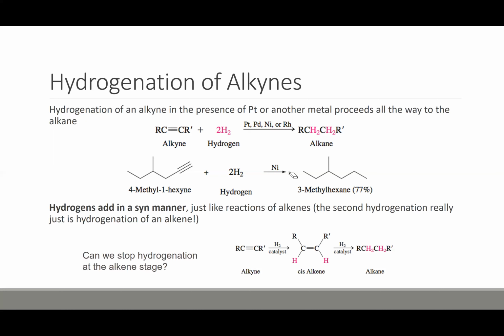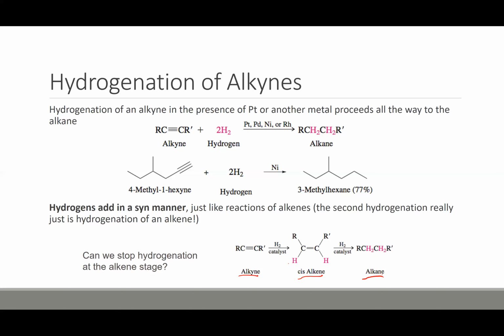Hydrogens also add in a syn manner, just like what we saw with a double bond. So the hydrogens always add to the same side of the molecule. The second hydrogenation reaction, again, is just a reaction of an alkene. We've already seen this. So we'd go from an alkyne, we add hydrogens on here and here on the same side, and then 2 more hydrogens would get added on to the same side of this molecule to make our final alkane.